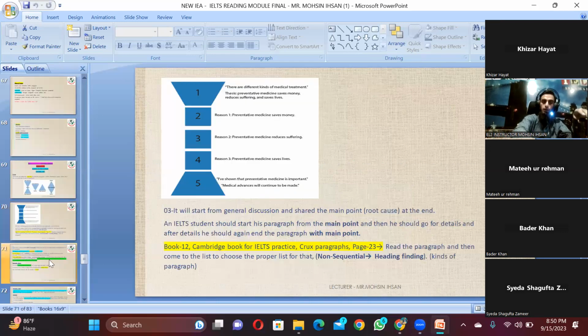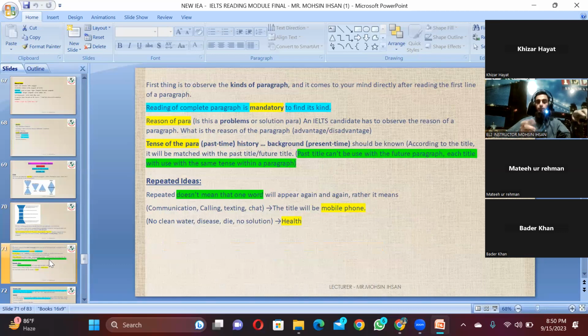That I would read so far in this very passage. What is the reason for the paragraph that I'm reading? Why is this paragraph shared with me? What is the matter of that paragraph? And the tense of the paragraph. This is very important. Tense of the paragraph. If the title is in the present tense, the paragraph must also be in the present tense.